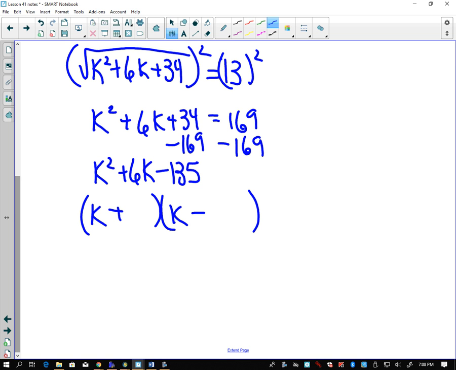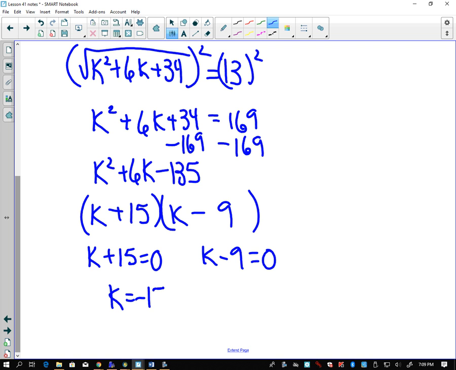Let's try 135 divided by 15, which gives 15 and 9. 15 and 9 have a difference of 6 because 15 minus 9 is 6. So if I set k plus 15 equal to 0 and k minus 9 equal to 0, then k equals negative 15 or k equals 9. That's what our answer comes out to.